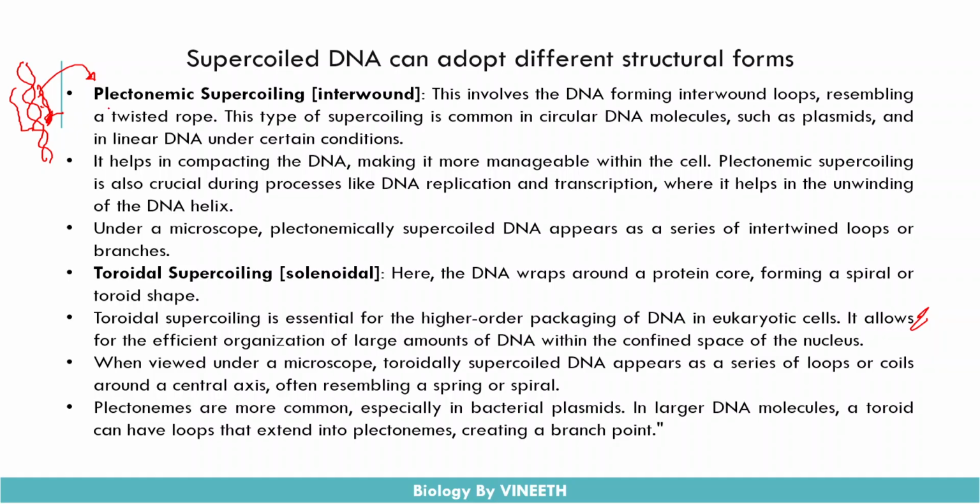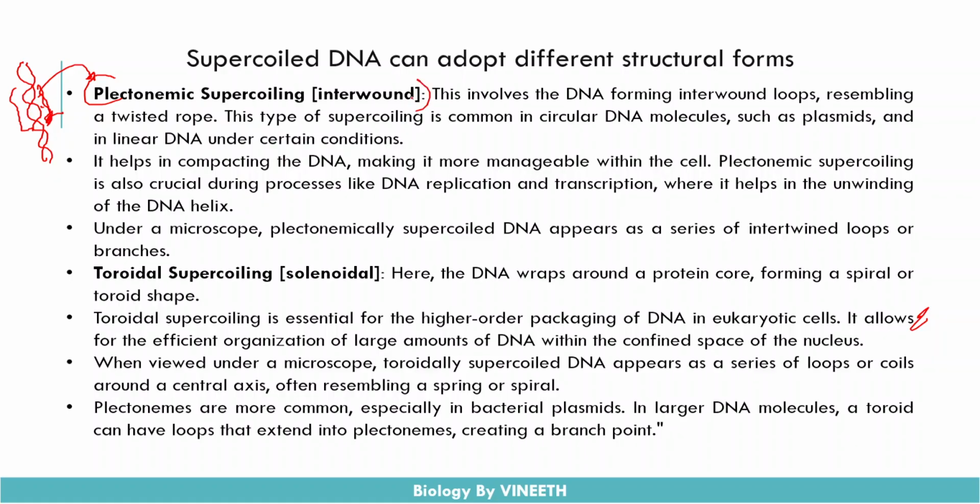This kind of plectonemic supercoiling is seen in twisted ropes. We saw the first example at the start of the lecture, and that kind of supercoiling is called the twisted rope. Plectonemic supercoiling is mainly seen in bacterial genomes.